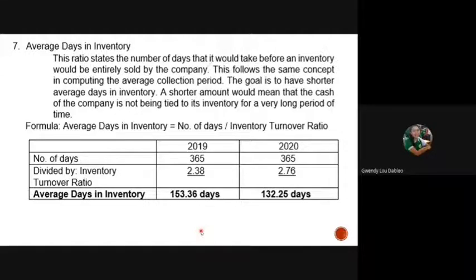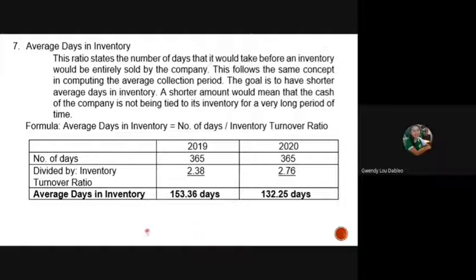Then for 2020, we've got 132 days or 132.25 days. So what is our analysis? This means that the company will take 150 days in 2019 to sell the entire inventory for that year, while it would only take 132 days for the year 2020. The average days in inventory of the company improved in 2020 because the inventory turnover in 2020 also improved.